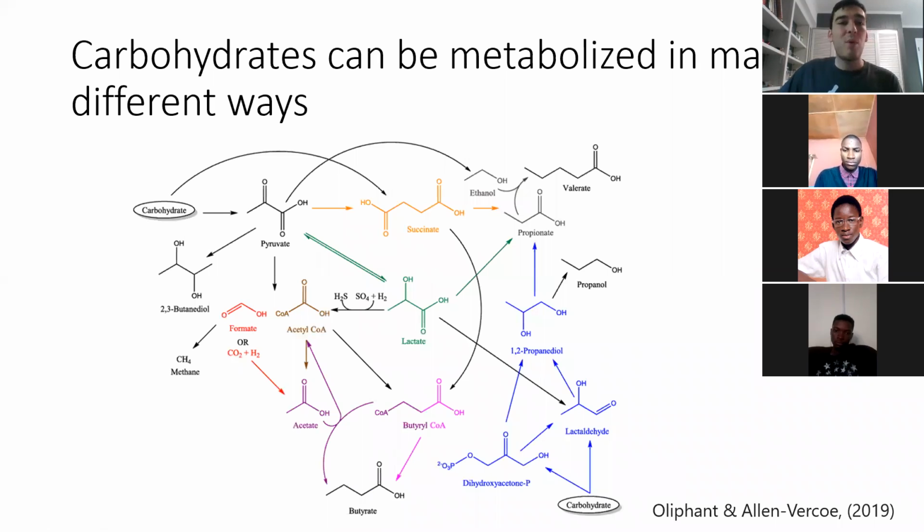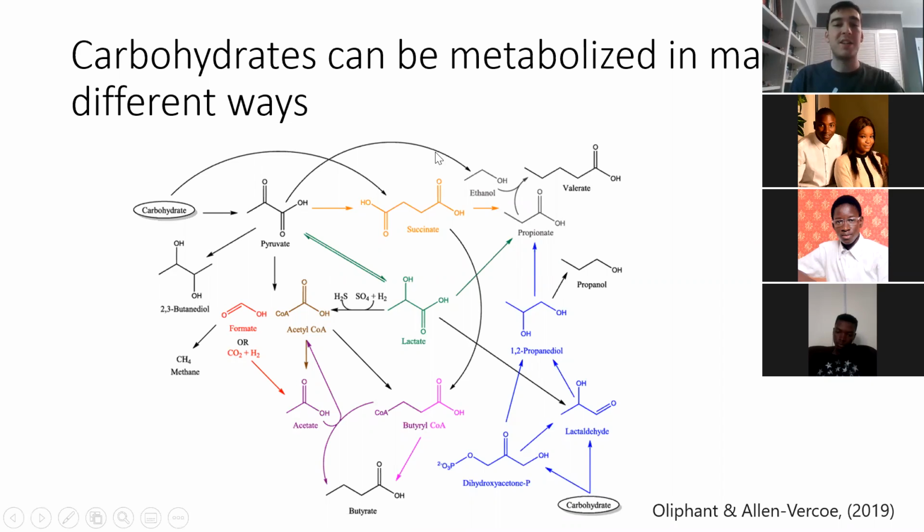The other thing I wanted to point out about carbohydrates, and this extends to other macronutrients such as proteins, is that carbohydrates can be metabolized in many different ways. You do not need to understand everything that's going on in this diagram, but just notice you have the carbohydrates coming in here. It can be converted to pyruvate, which we talked about before, and that can go in this direction.